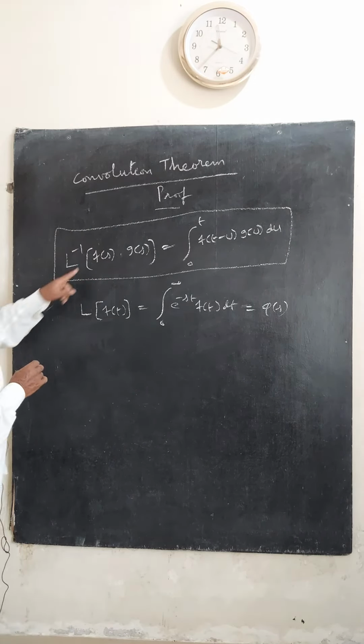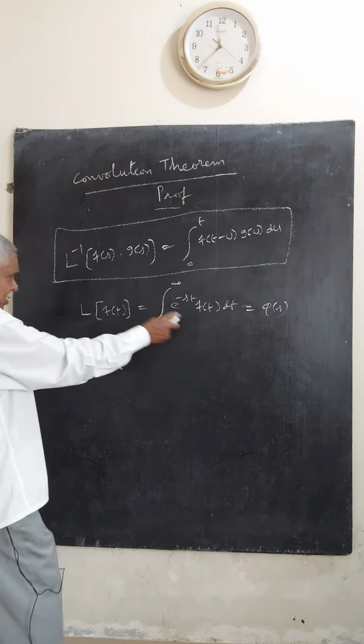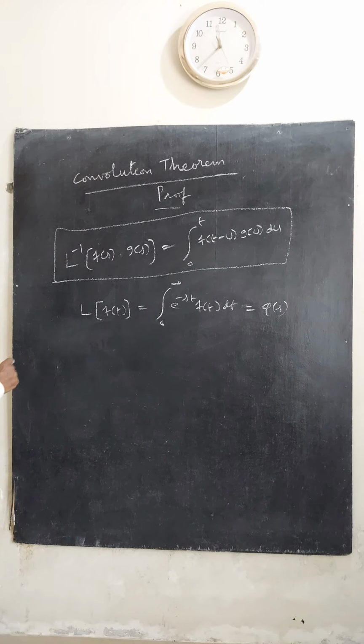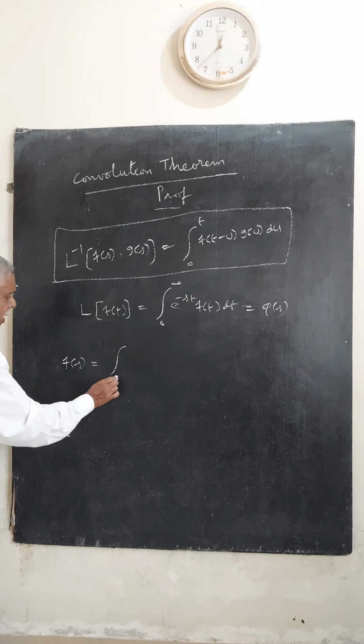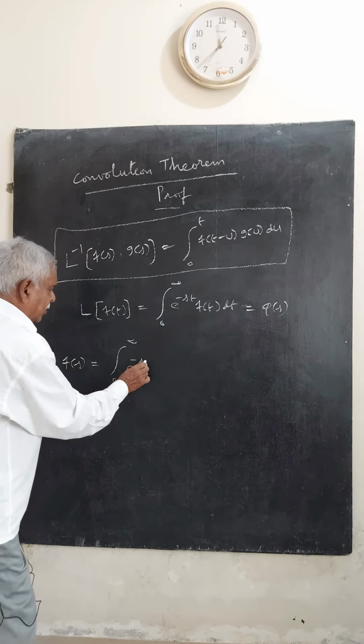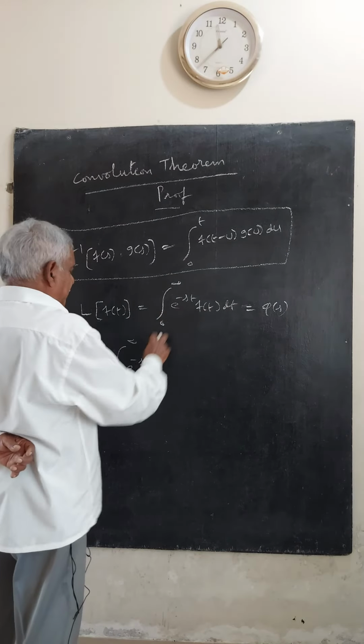See, we are taking here F(s) as a product of functions, F(s) and G(s). Let us take F(s) as the integral from 0 to infinity of e power minus su f(u) du; here, instead of t, we are giving u.